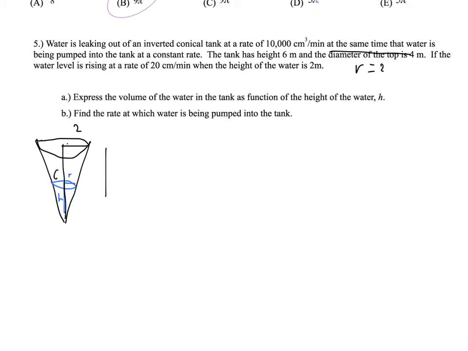So we still have those two right triangles, 2, 6, r, h, but now r over h is equal to 1/3, because 2 over 6 is 1/3, so r is equal to h over 3.